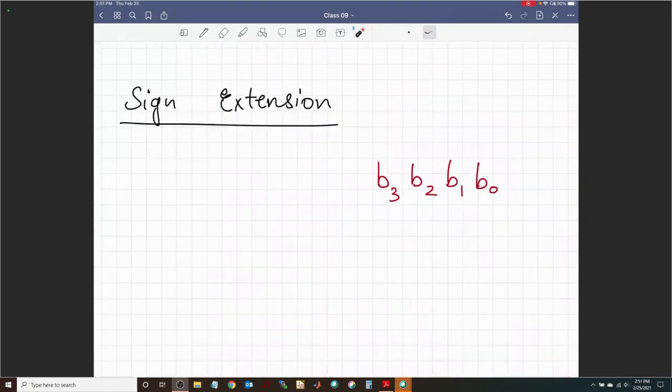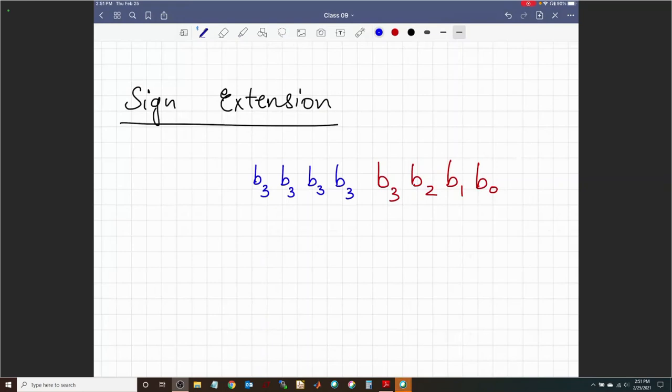Let's talk about sign extension. What should I do here in blue? For AND, would it be ones? For AND, yes, it would be ones. Let's see, add 4 copies of whatever B3 is to the left. Yes, you got it. So I would do B3, B3, B3, and B3.